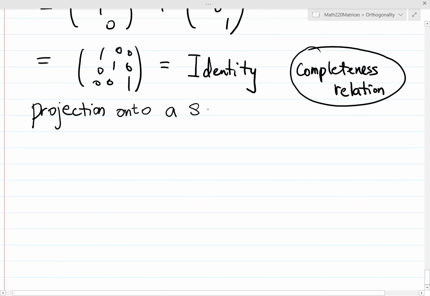Now we already know how to project onto a one-dimensional vector space, project onto a vector. Now to project onto a subspace, we need to consider a basis of this subspace.